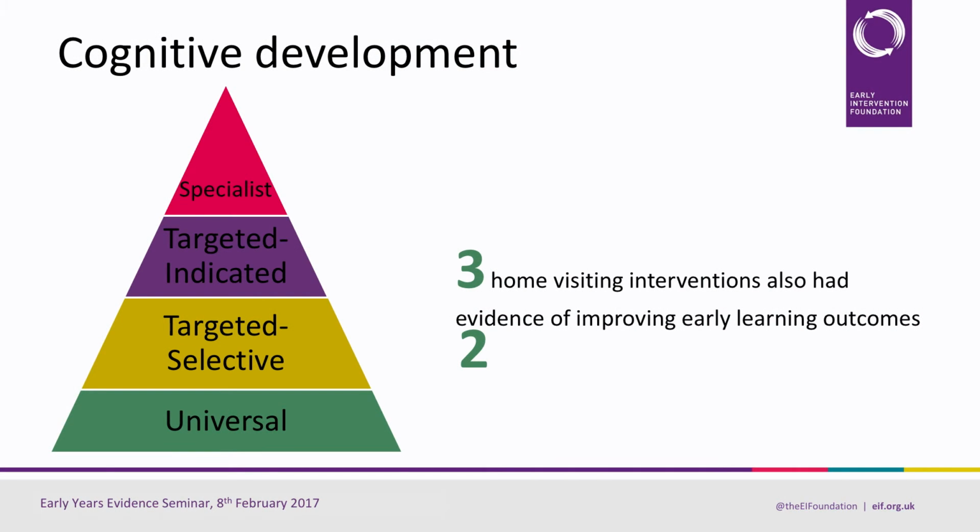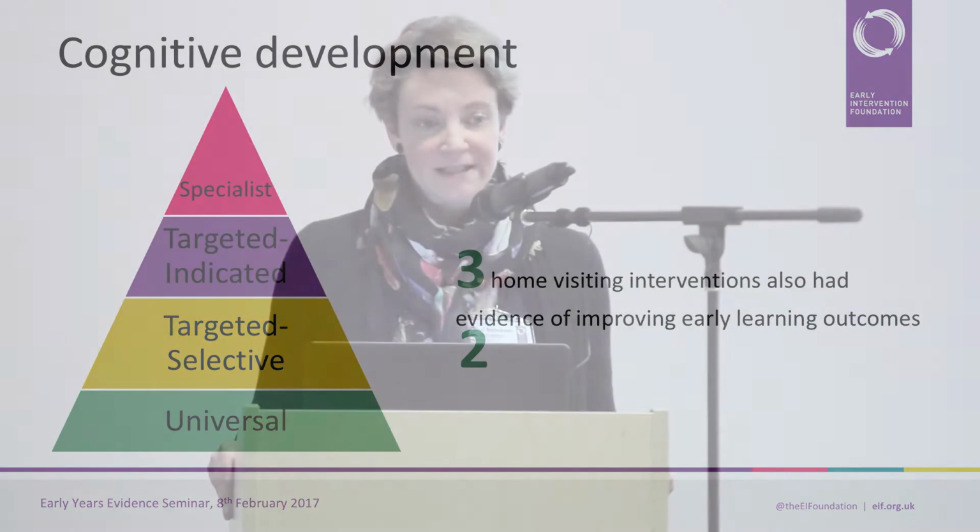Of the 20, we found 2 that had evidence of improving child outcomes. Both of these interventions were home visiting interventions delivered by teachers lasting for a year or longer.